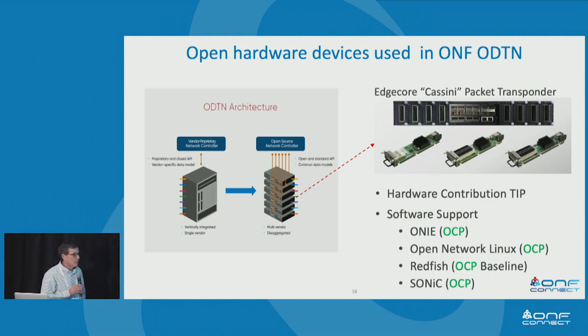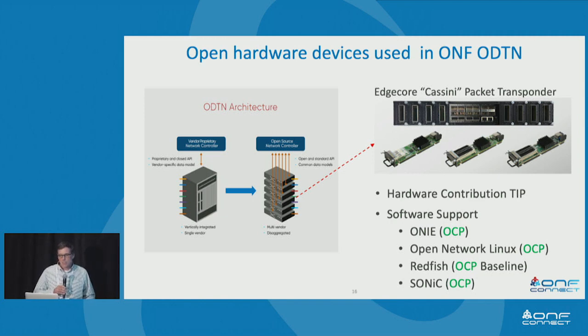This is a packet transponder, so it has 16 ports of standard 100 gig interfaces in the center, and then on either side of those 16 100 gig interfaces are 4 ports each, so 8 ports total of coherent optical ports. This takes optical transponders to the next level, where there's switching and routing capable within that device, and it's an open architecture.